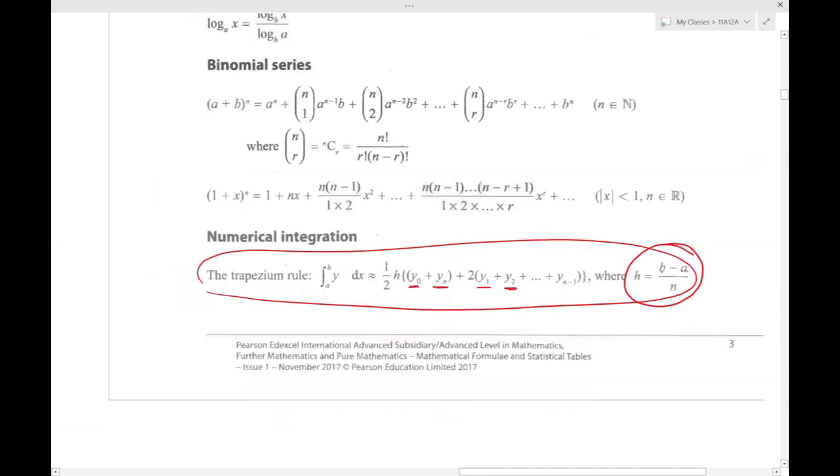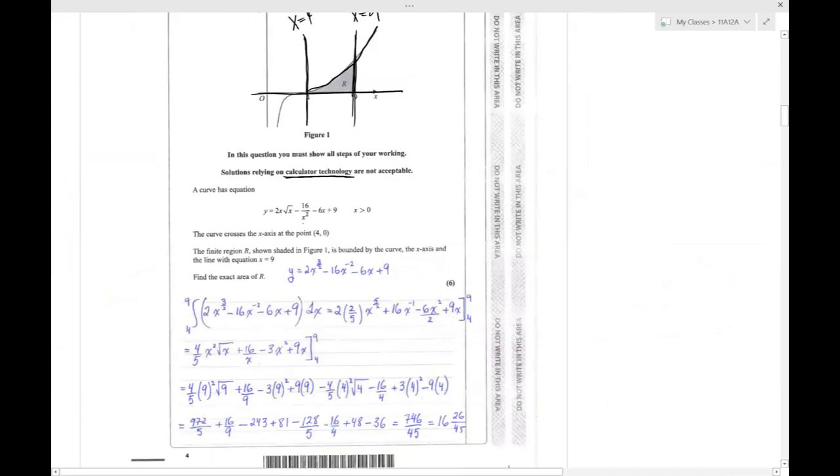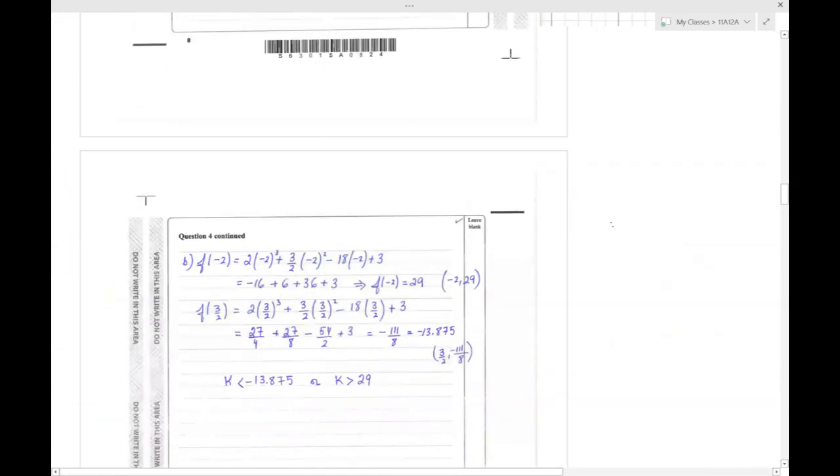Therefore, let me first define the formula.